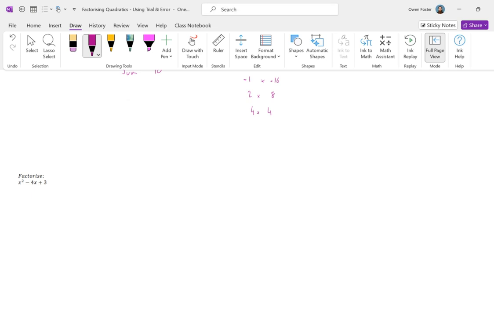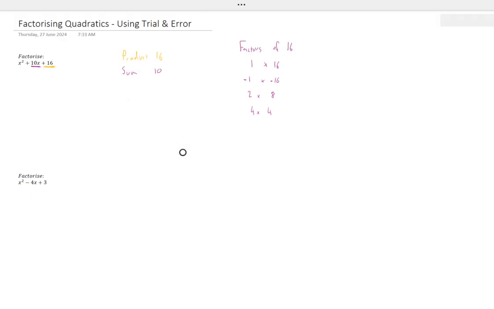Okay, now you could do this in a different colored pen, or you could write out a new table if you like. So I've just looked at the factors of 16. Now I don't actually want to write out what they multiply to, but I want to know what they add to, so what their sum is.